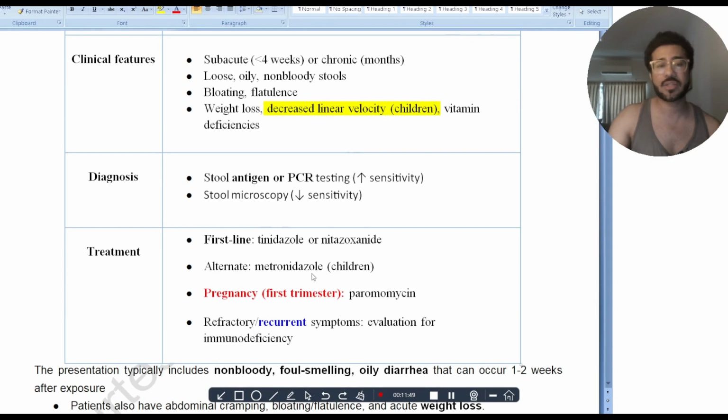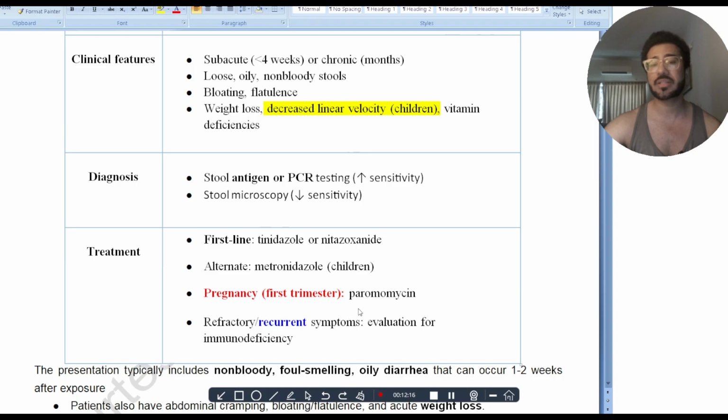So now let's just move on to the treatment. Usually you would have heard a brand name Flagyl that contains metronidazole. This is clinically the most widely used drug to treat giardiasis. But when it comes to the first line treatment, it is actually tinidazole or nitazoxanide.